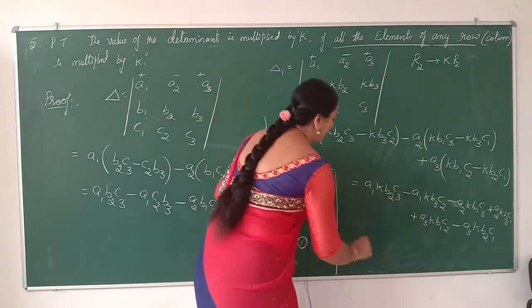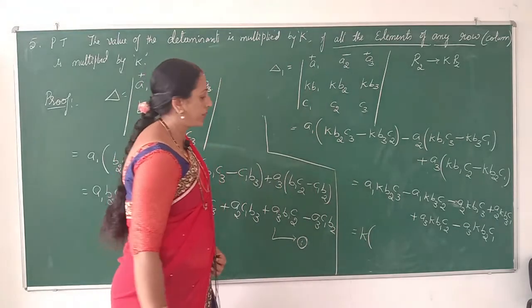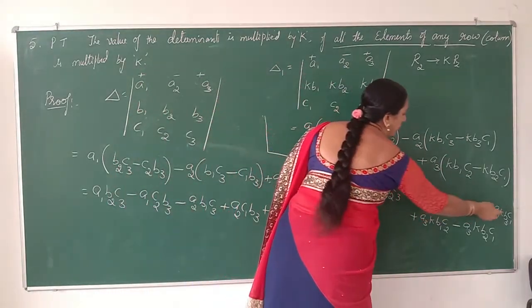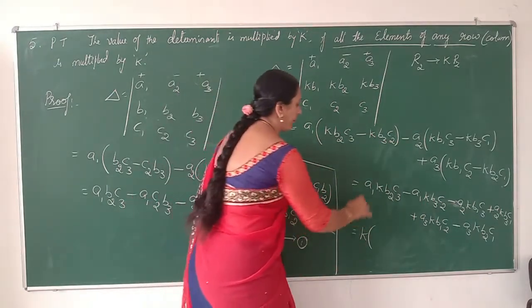So after that, if all the elements are multiplied by K, therefore K is one of the common factors. Each element contains the constant K.